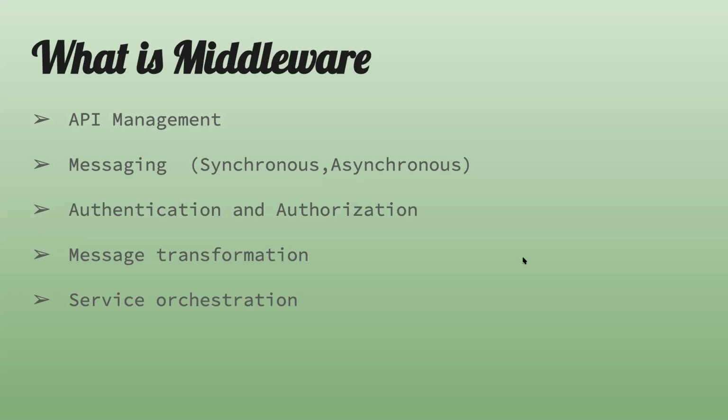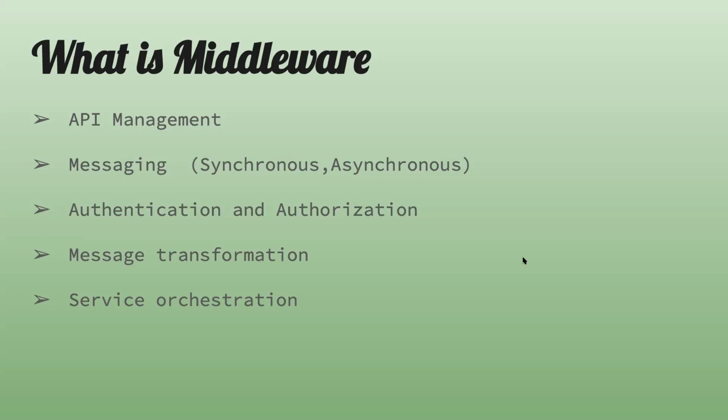API management is a critical feature, and it is very complex. That's why it is moved to the middleware layer. It further eases the work of end developers like business logic developers.